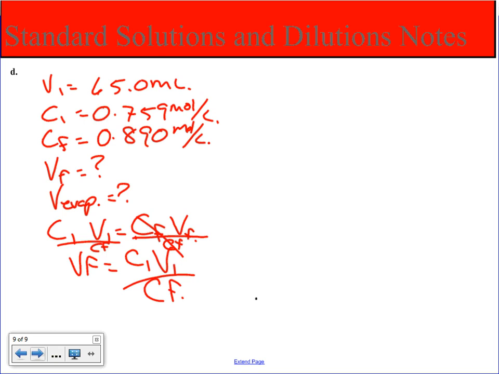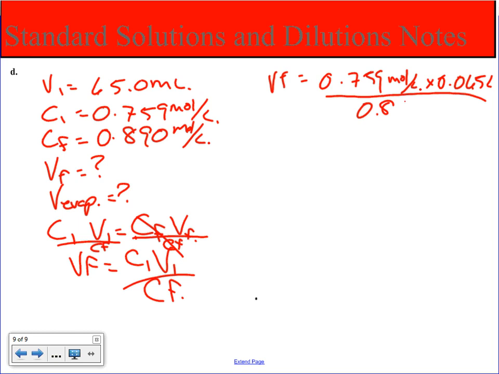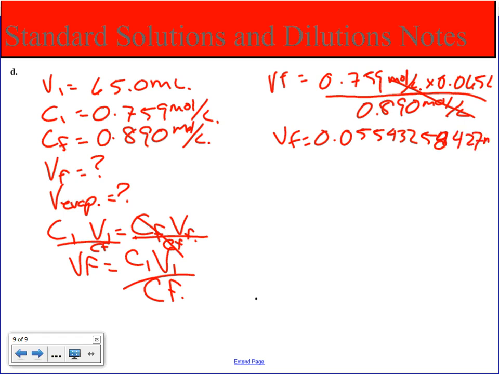So this now becomes my volume final is equal to 0.759 moles per liter times 0.065 liters, all over my final concentration of 0.890 moles per liter. Cancel out my units, and I should get a volume final of 0.05543254427 liters.